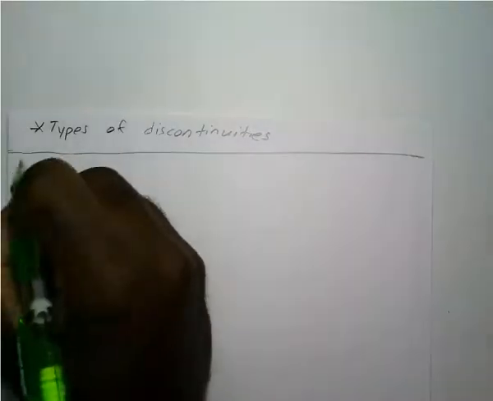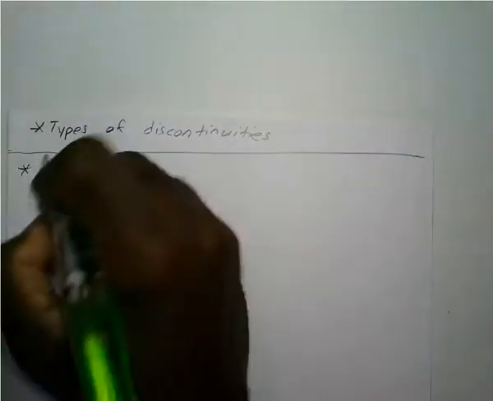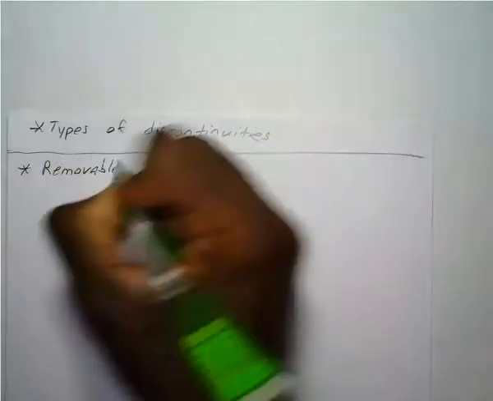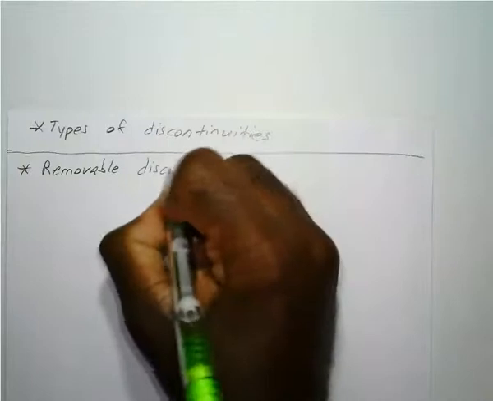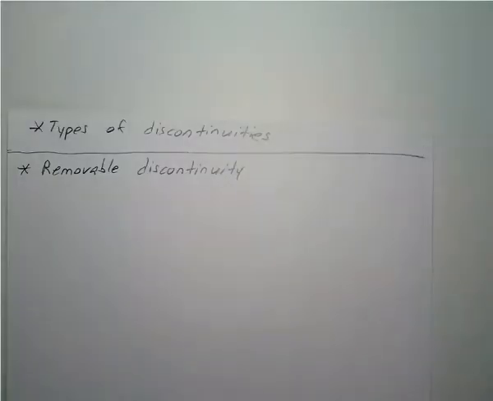Okay, so our removable discontinuity can be made not necessarily continuous at f of c, but we can make it to where we can figure out what the limit is.